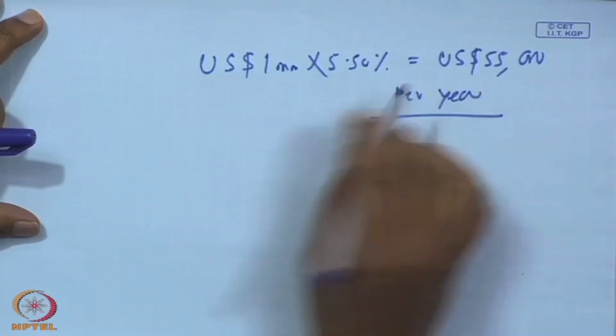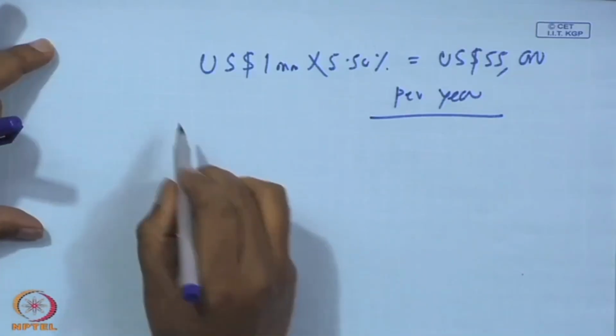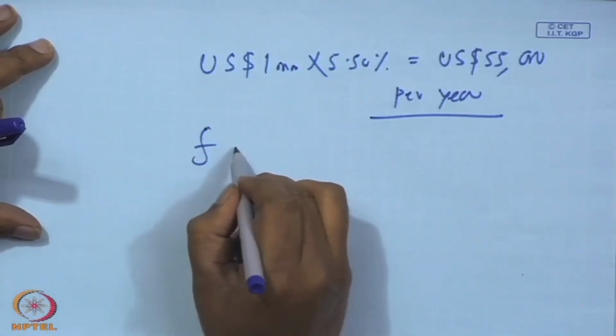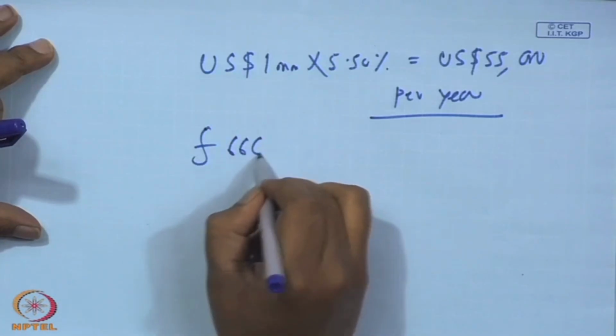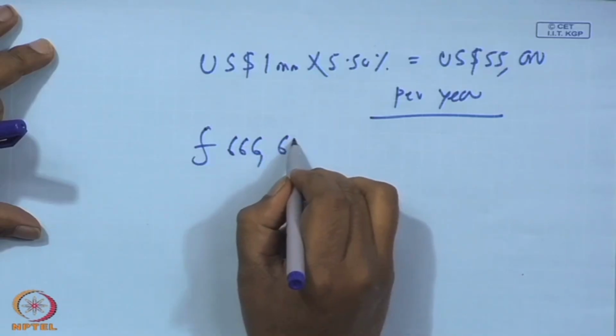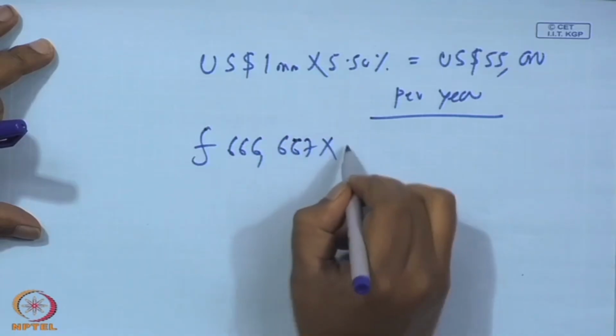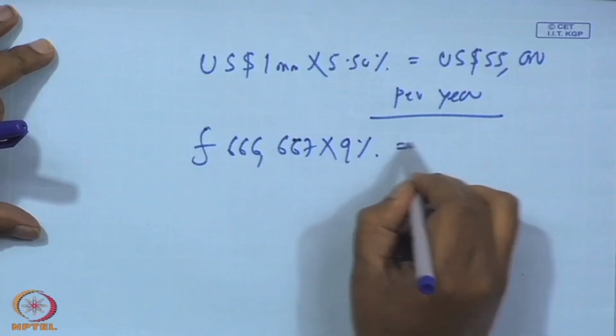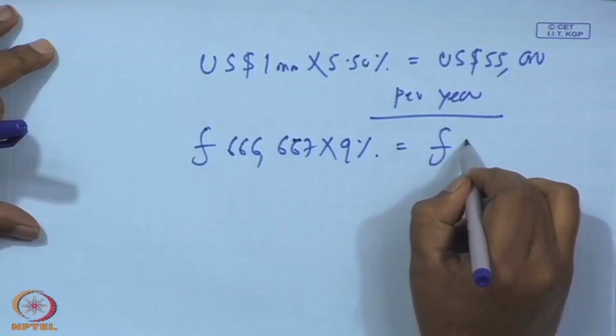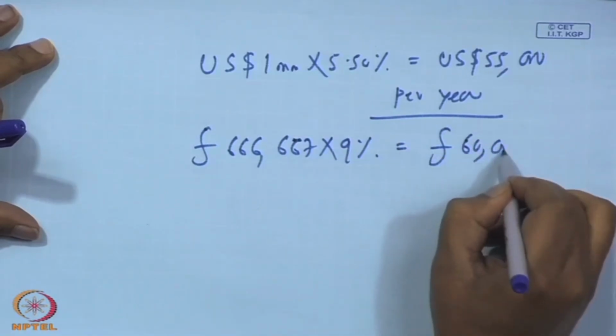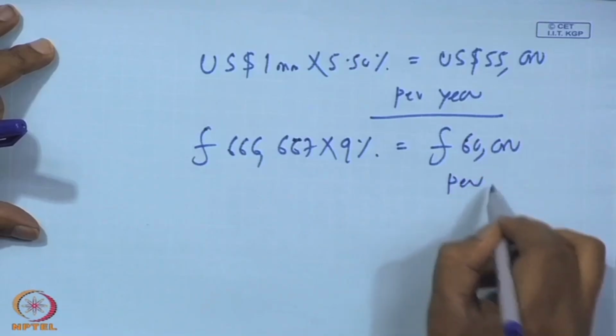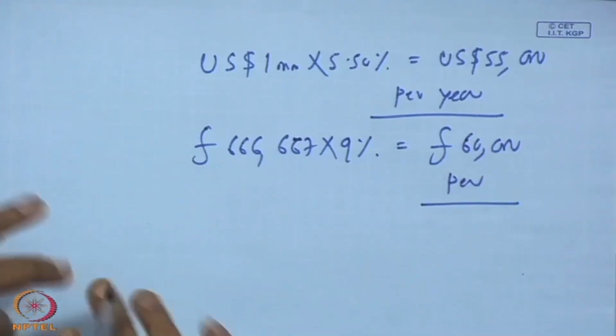For how many years? The transaction is for 5 years. Similarly, for pound sterling, 666,667 at 9% is equivalent to 60,000 pound sterling per year for 5 years.